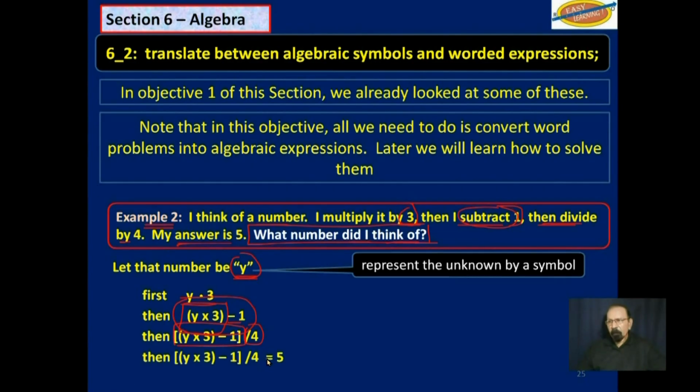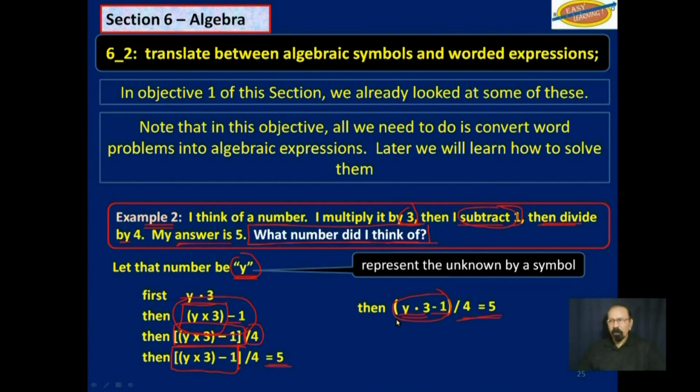So y multiplied by 3 minus 1, all of that first, divide that by 4, and I get 5. So y multiplied by 3, write it like that, minus 1, divide all of this by 4, and you get 5.